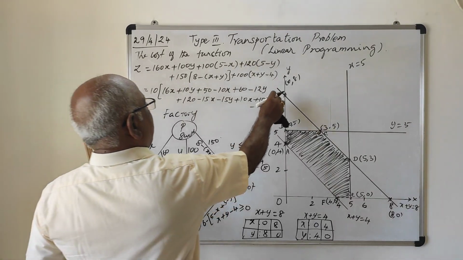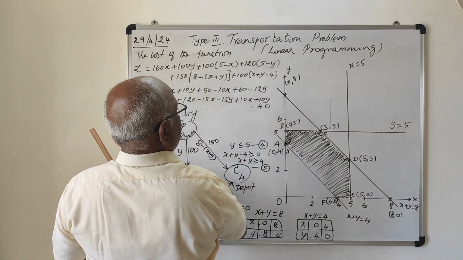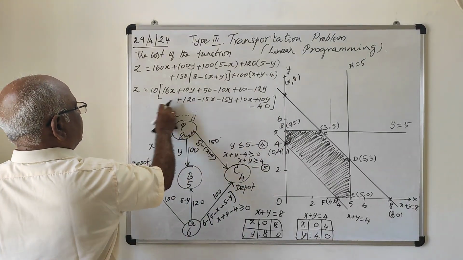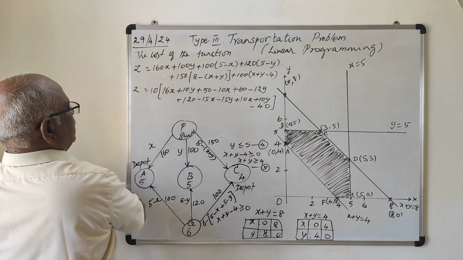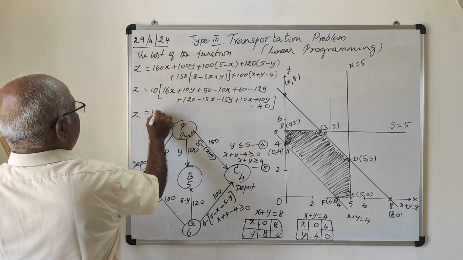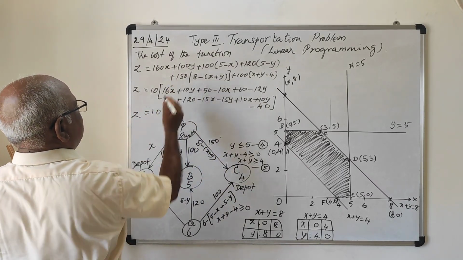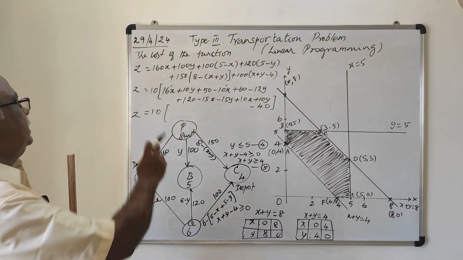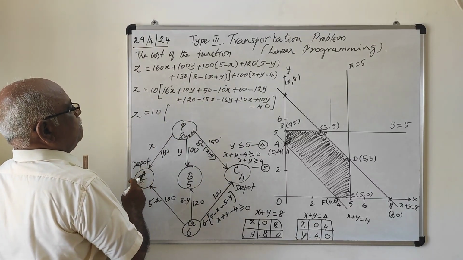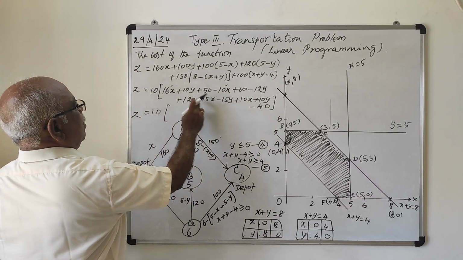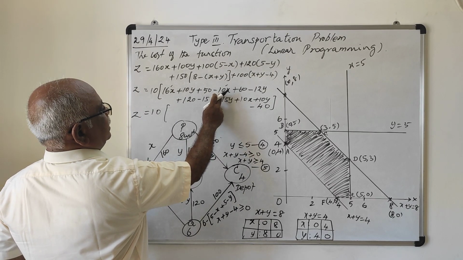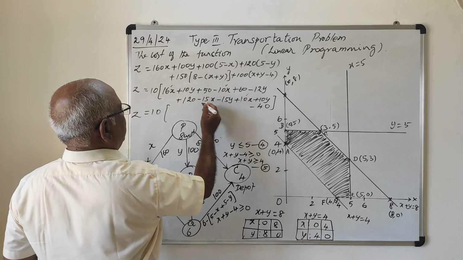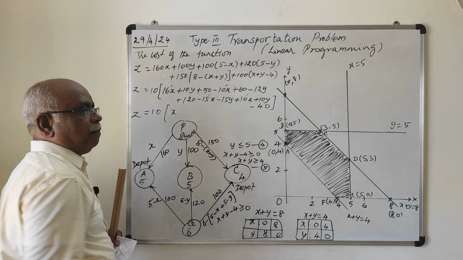You simplify again, you will get the minimum cost function Z. On simplification, you will get Z equal to 10 into 16x minus 10x, you will get 6x. 6x plus 10x, 16x minus 15x, x only.